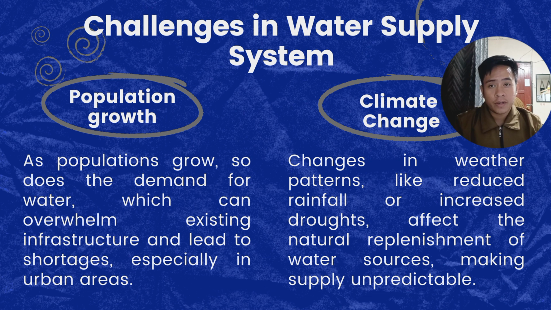Some of our sources of water is the groundwater table. The groundwater table must be recharged by rain, but with changes in patterns, there are more dry seasons compared to rainy seasons, so our groundwater table will not be recharged, and the groundwater table is one of the sources of our water supply.